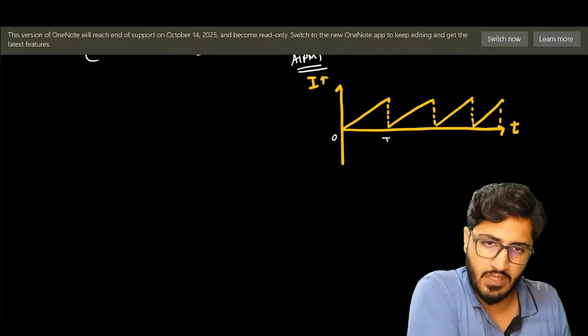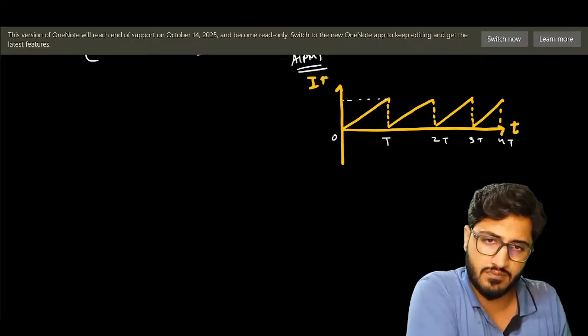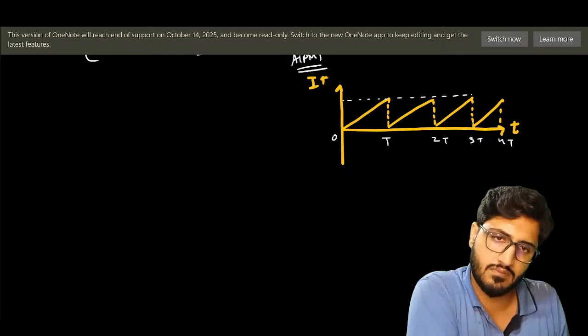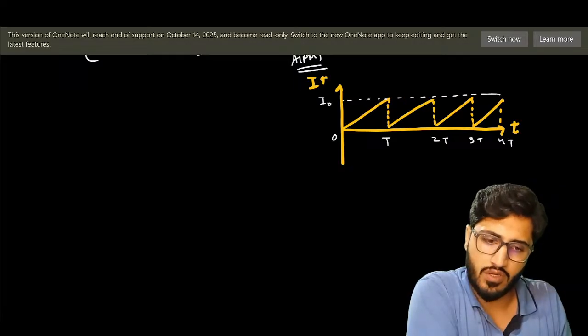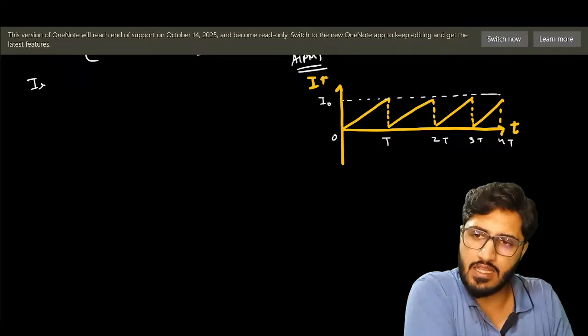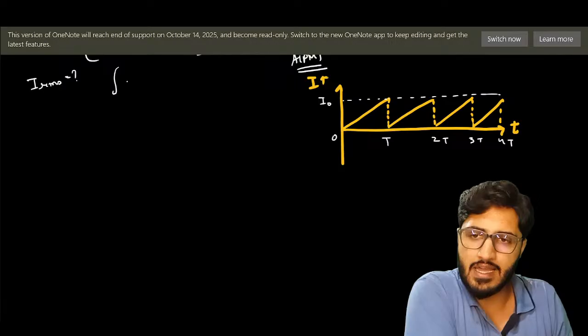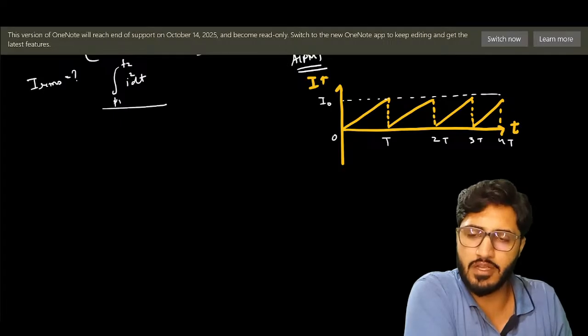Zero, T, 2T, 3T, and 4T, I naught. Find IRMS. So we know that IRMS means integral of I squared dt from T1 to T2, divided by the integral of dt from T1 to T2, then power 1 by 2.